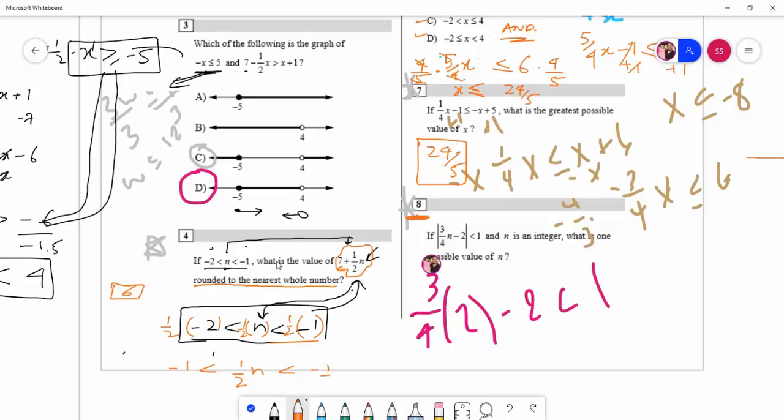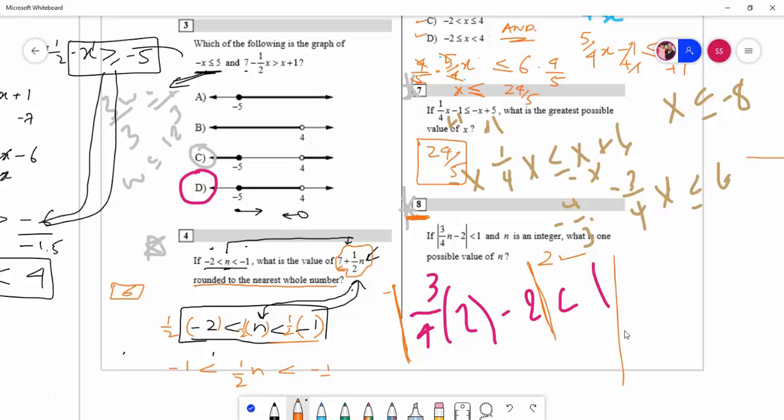But n should be an integer. Okay, hold on. And you're having absolute value here also, like this. Wait, 2 is an integer. Yeah, you're right. 2 is working, I think, right? So 2 is also the answer to this question. That's right. Okay. Good. Yeah, 2 is also the answer.